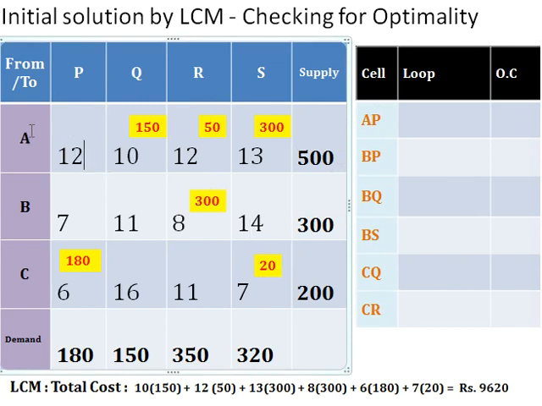Let's start with this cell AP. How can we trace the loop? As you can see, if you go from this cell to this one and take a turn from this cell, then we do not have any occupied cells, so further proceeding is not possible. So we are skipping this cell and going further.